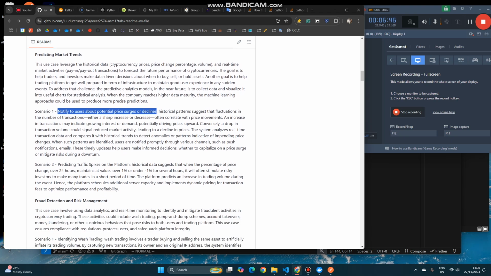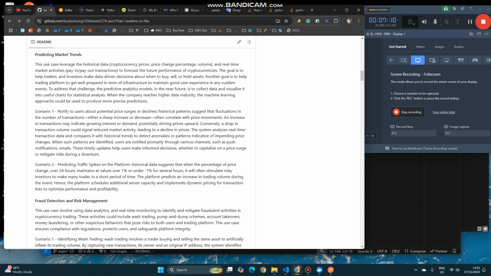Another thing is we can also predict traffic spikes on the platform. So we know the pattern. We can predict that at a specific event, when the price goes up, it is going to bring a lot of traffic into the platform to make transactions. So we can predict that event.